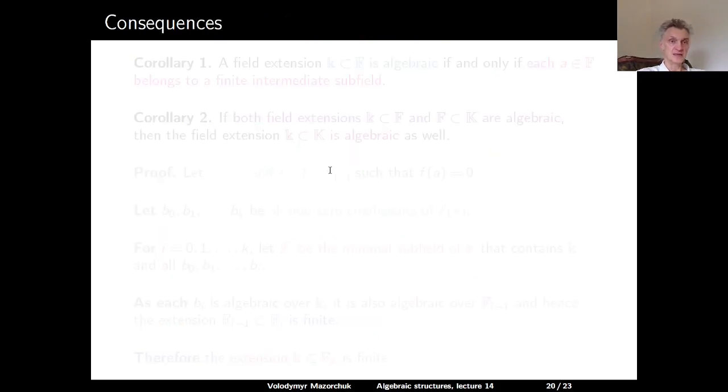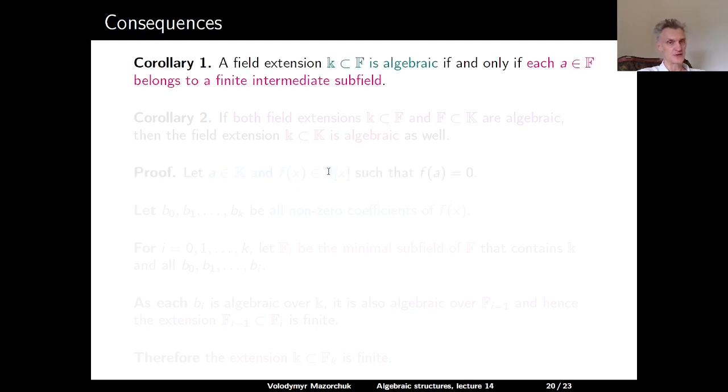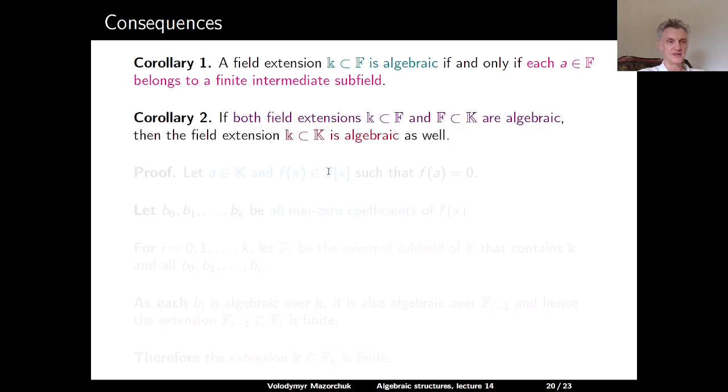So this has several consequences. First of all, a field extension of k inside F is algebraic if and only if each element a in F belongs to a finite intermediate subfield. So that's a direct consequence. And a little bit trickier statement is the following corollary.